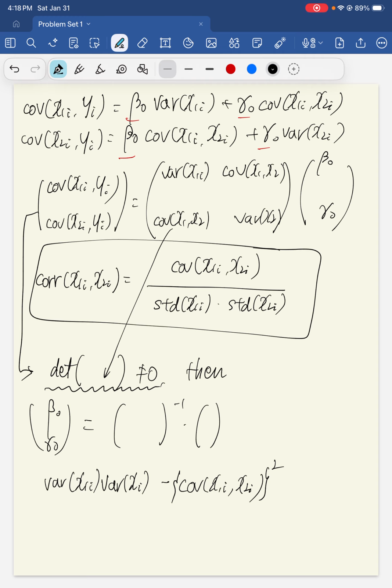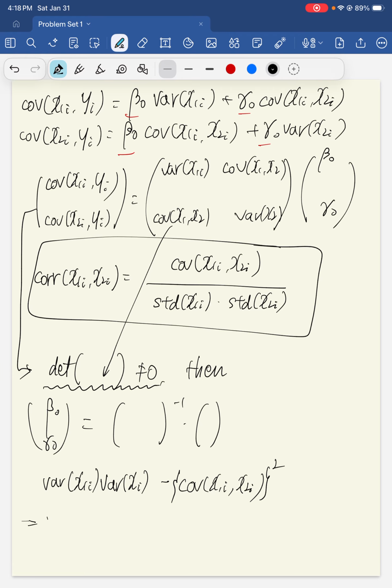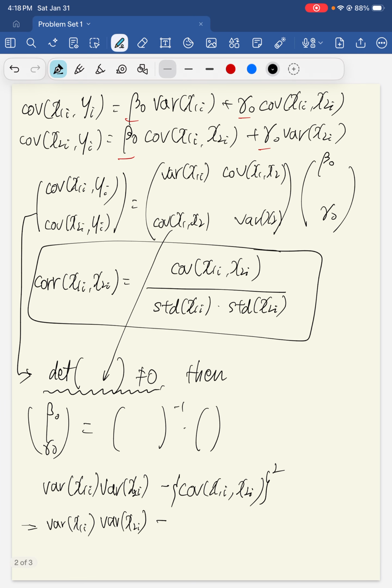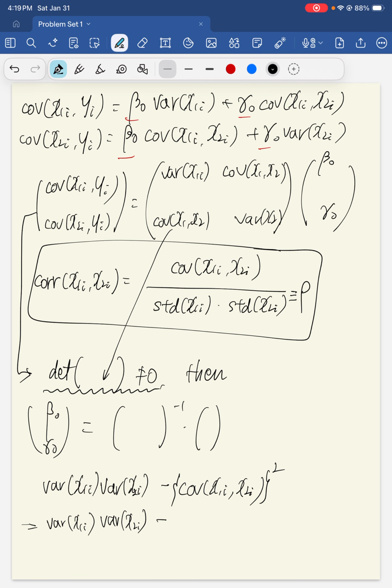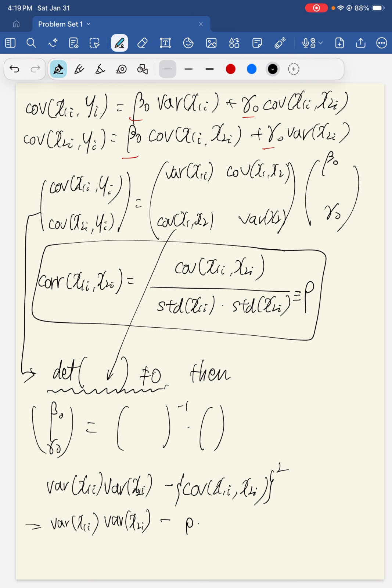Then I will rewrite the covariance using the correlation, defined as rho times standard deviation of x1 times standard deviation of x2.